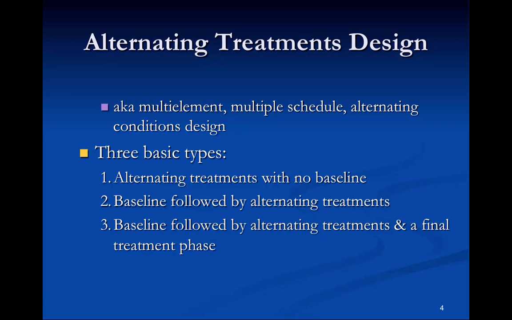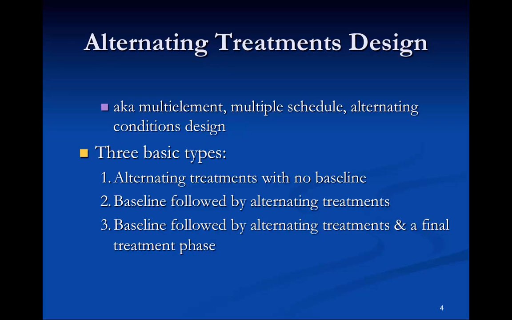Some might call it a multiple schedule or alternating treatments design, but for the most part, alternating treatment design is what is used primarily right now, but you will see multi-element. I think in Iwata's original 1982 article on functional analysis, he referred to the design as a multi-element design.